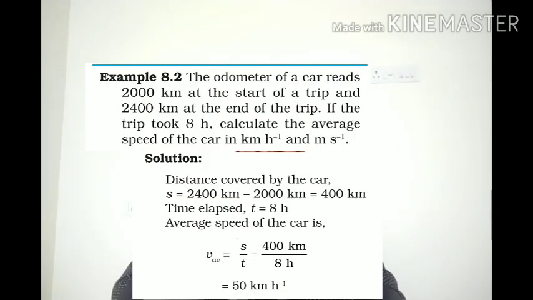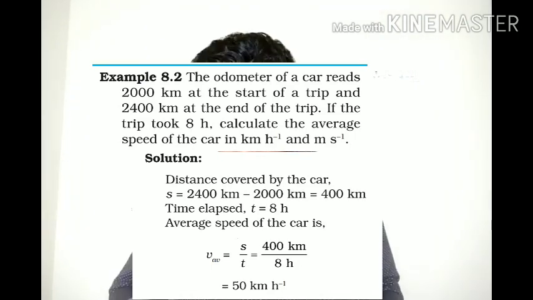I think I already told you, an odometer is a meter which gives the total distance traveled by our vehicle. The final reading was 2400. The initial reading was 2000. So total distance will be 2400 minus 2000, which is 400 kilometers. How much is the time taken?